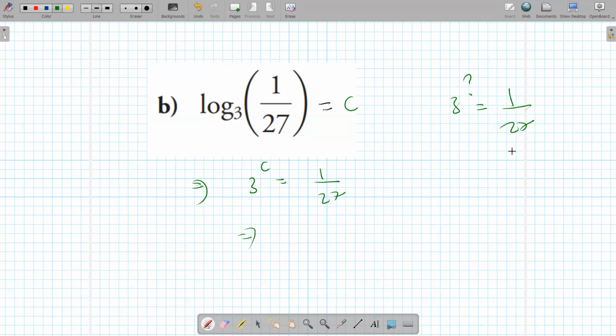Or what about 27 by itself? Can we write that as 3 to the power of something? It's a yes or no question, I guess. 27 in terms of 3, is that possible? 3 to the power of 3.